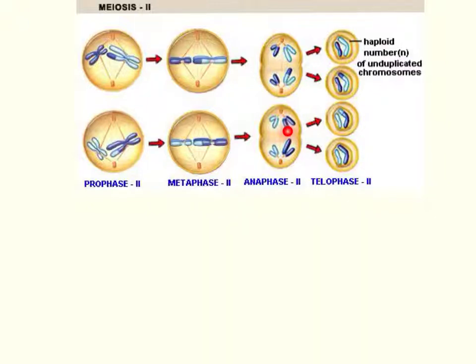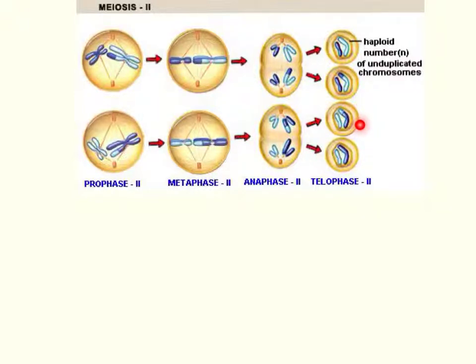However, the result of meiosis 2 is 4 haploid daughter cells. And in the example shown right here, each of the 4 daughter cells produced in meiosis 2 receives 2 chromosomes. These 4 daughter cells now contain the haploid number, or N, which is just 2 chromosomes each.